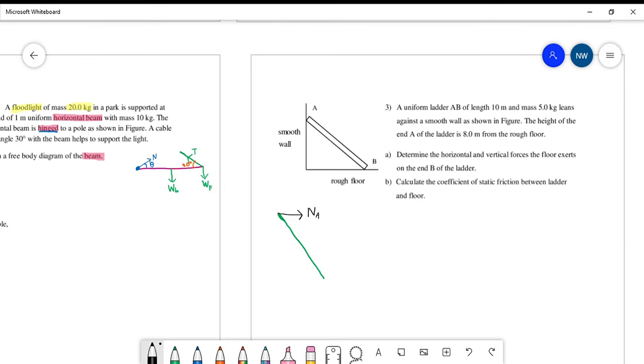And then dekat tengah-tengah ni dia akan ada weight downward. And then dekat bahagian B ni dia akan ada normal juga, which is perpendicular to the surface.